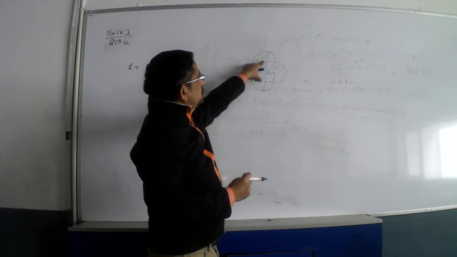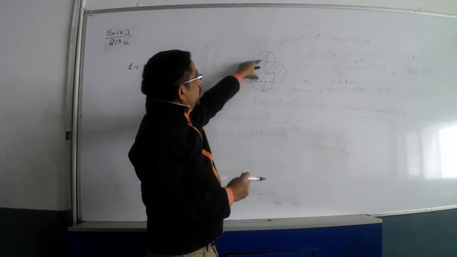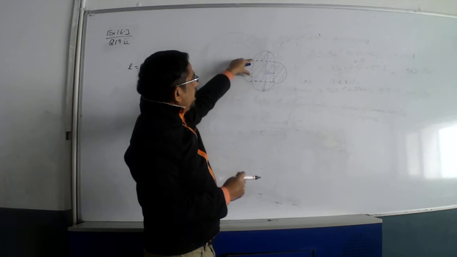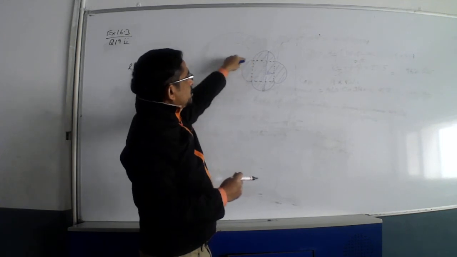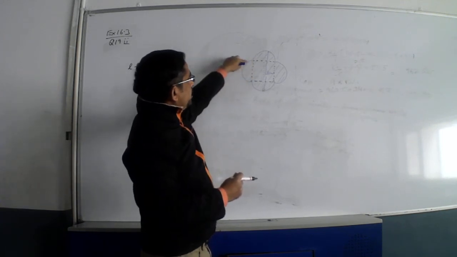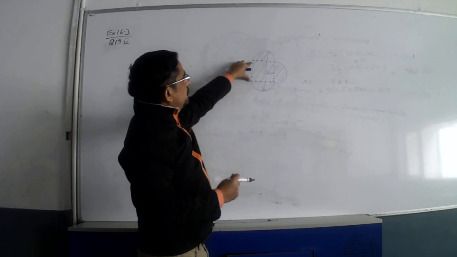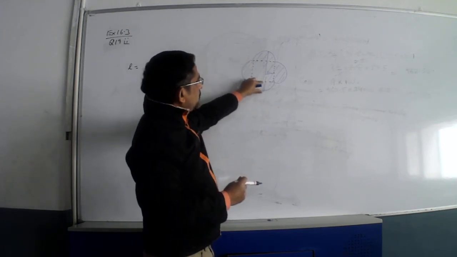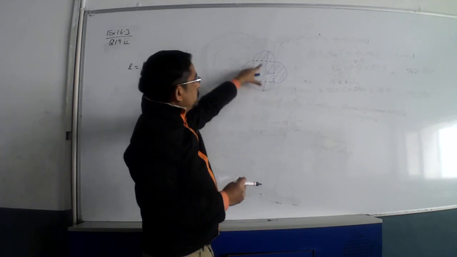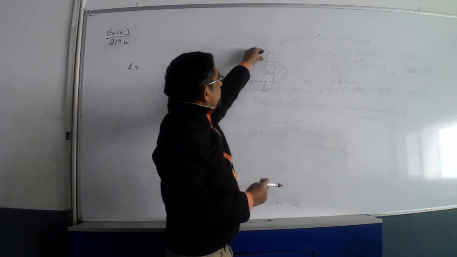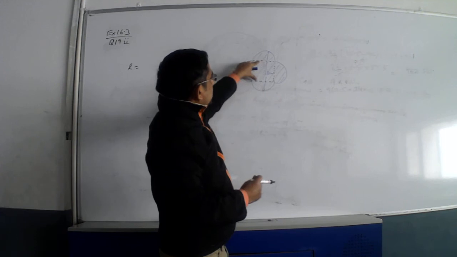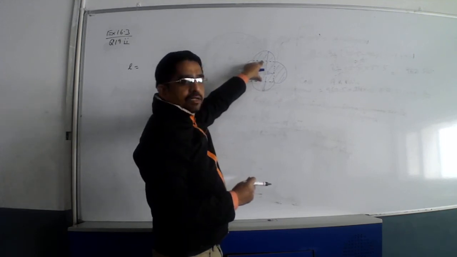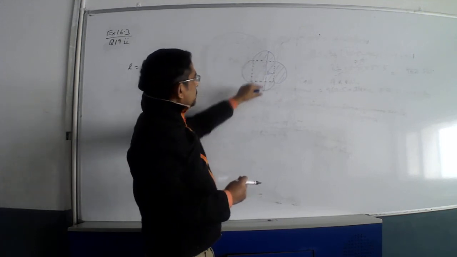This length is the side of the square, as well as it is the diameter of the semicircle, because here also it is a semicircle, so it is the diameter of semicircle also, plus this length, which is again the radius. So this total length given is divided into radius plus diameter, that is twice the radius, plus radius again.